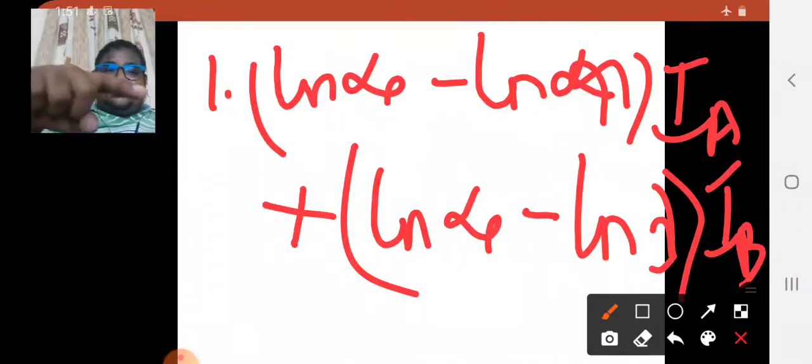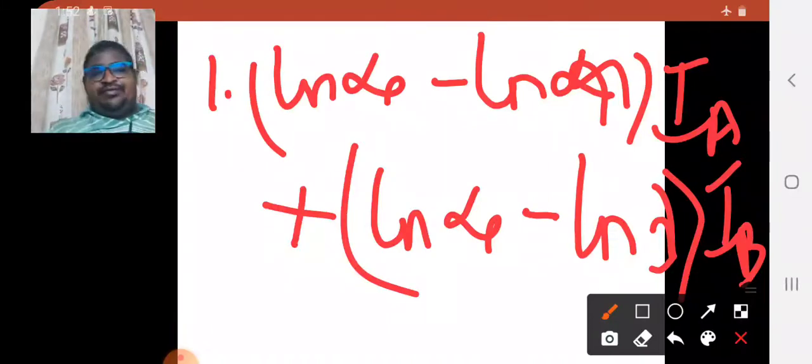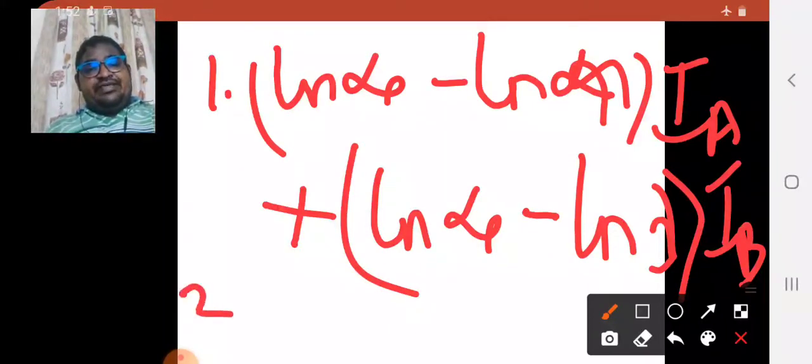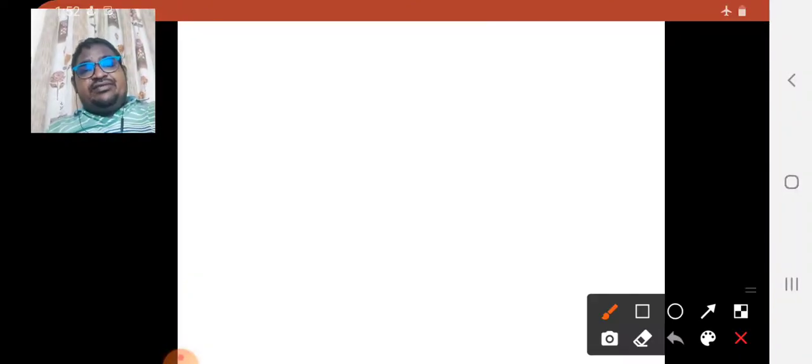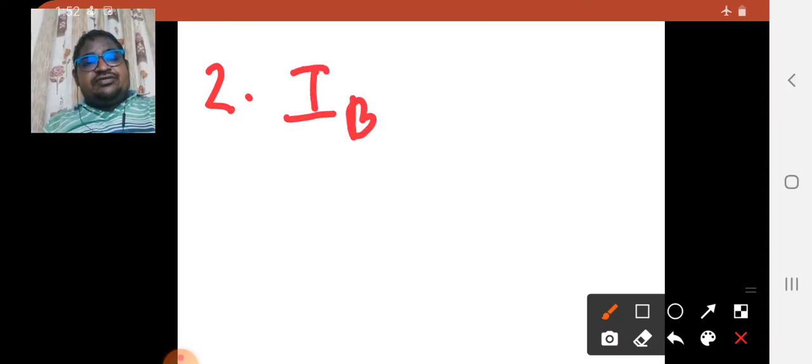After substituting here, don't do anything with the ln r because we cannot find that value. The second step is to substitute IB in terms of IA.